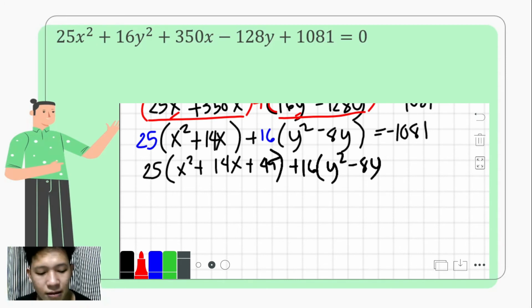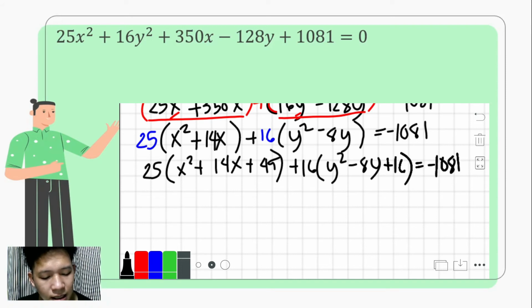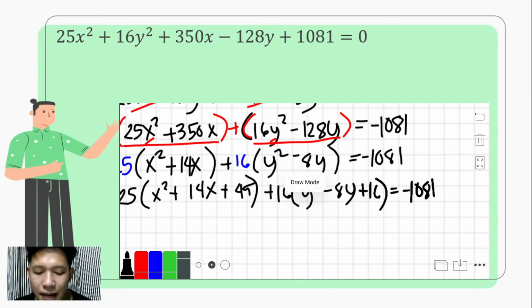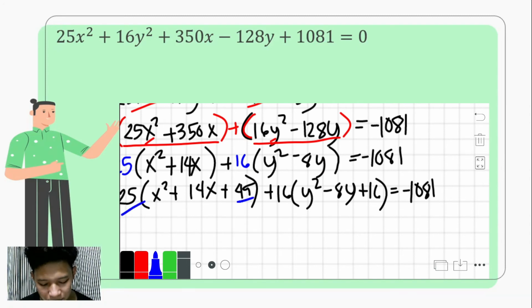So what we're going to do is to divide negative 8 by 2, that is negative 4, and then we square it, that becomes positive 16. So we add positive 16 here. And then equals negative 1,081. So, i-add natin is what? Bago tayo mag-add nito, kailangan muna natin i-multiply siya kay 25. So, we have here positive 1,225.